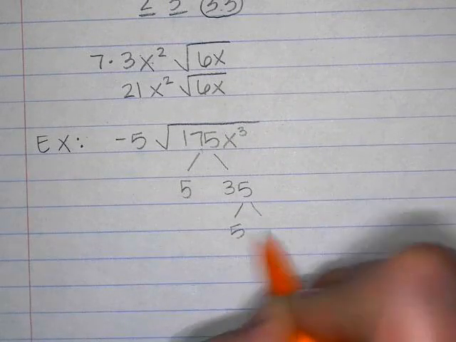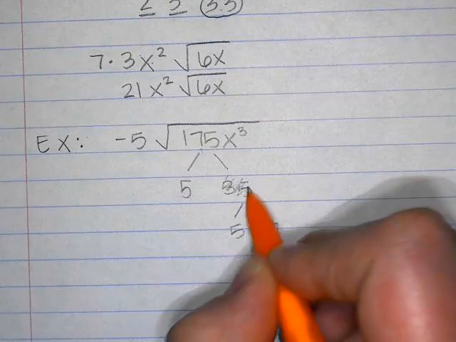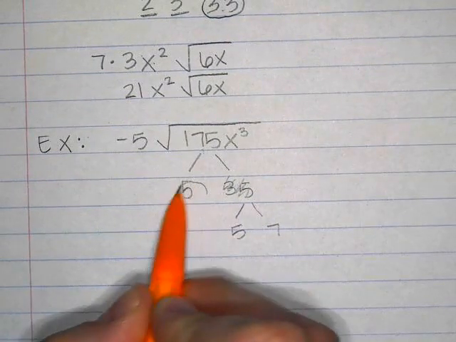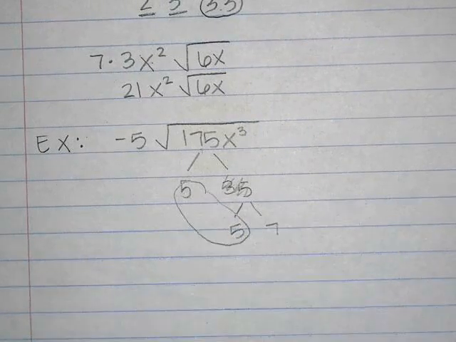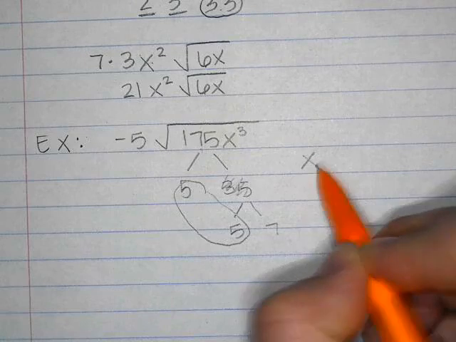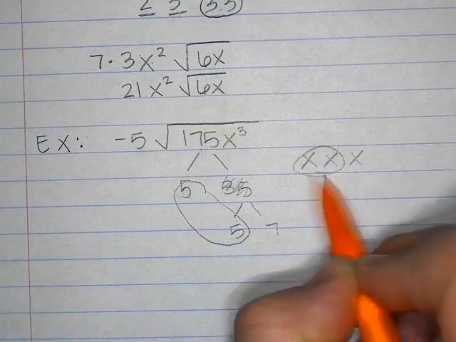Okay. I think I got the answer. And then the x's, how many x's do we have? 3. There's only one pair. And then we have leftover.